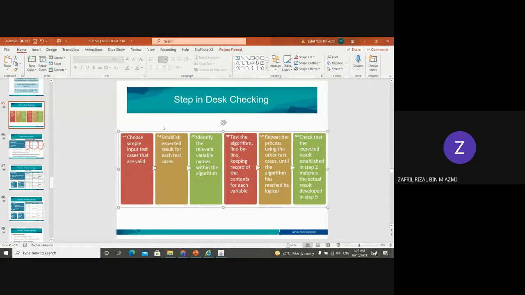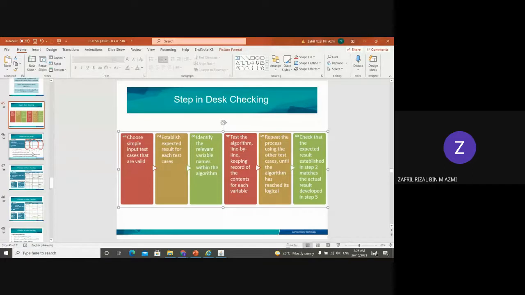Because you yourself may not be familiar with the calculation. Of course this one is very simple, but let's say we have a bigger problem. So you need to establish the expected result from this input.